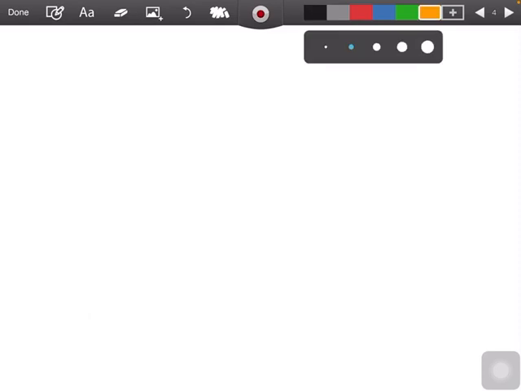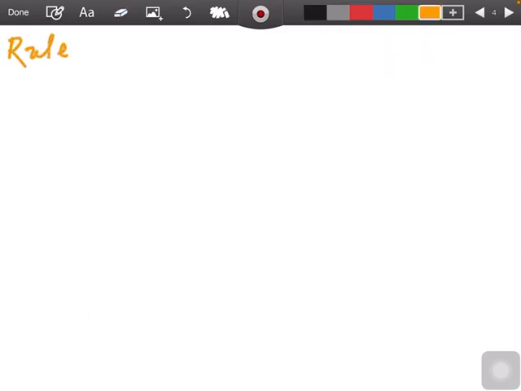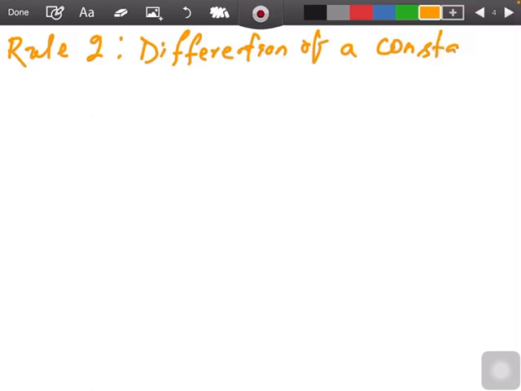Next we will be reading rule number 2, differentiation of a constant. How can you find differentiation of a constant?